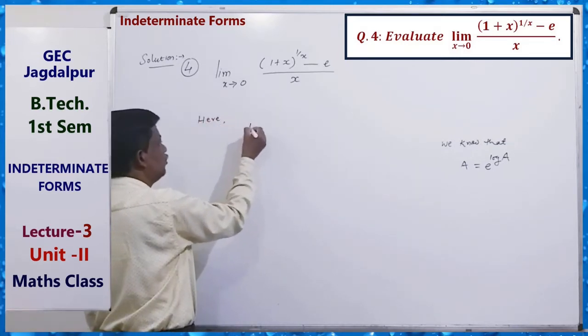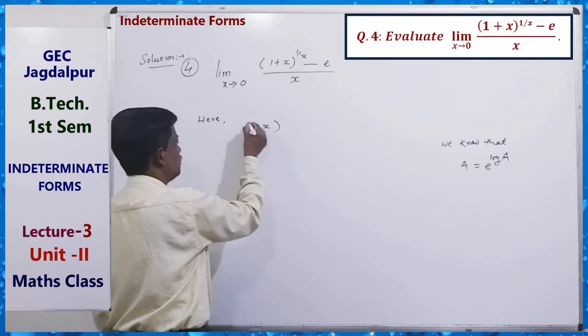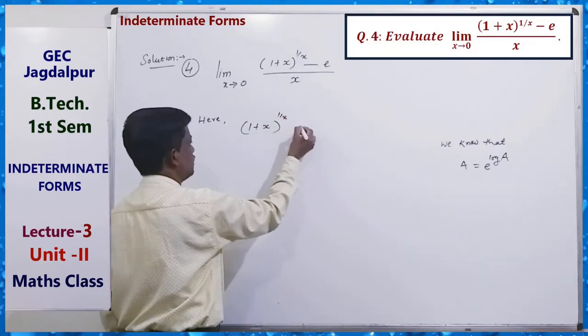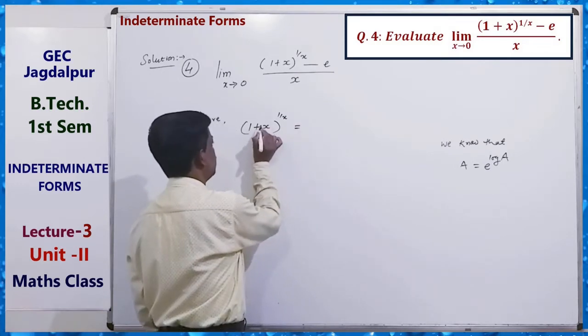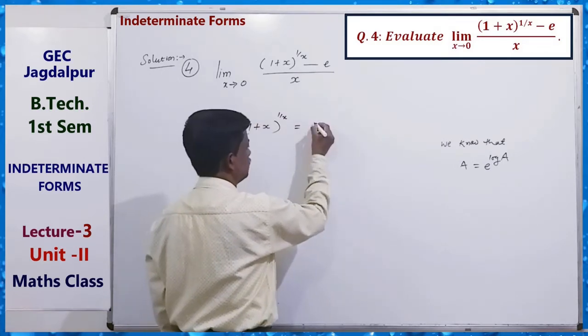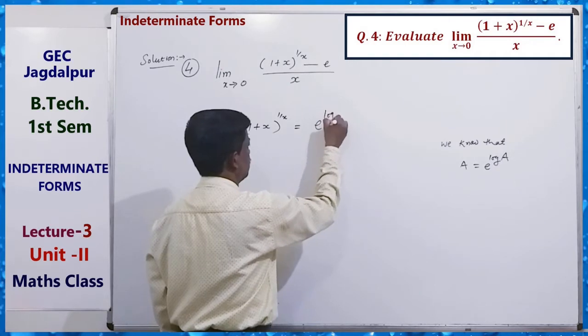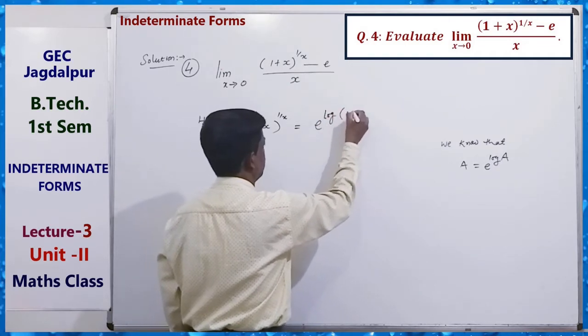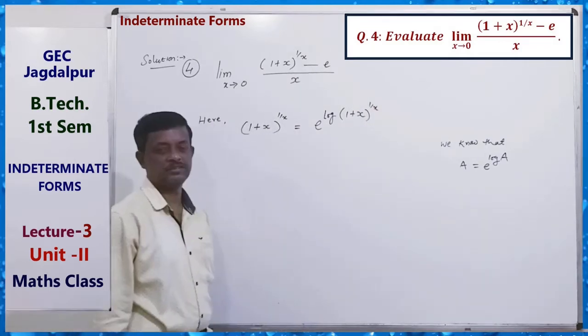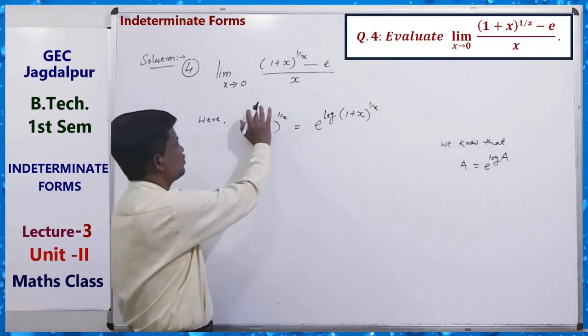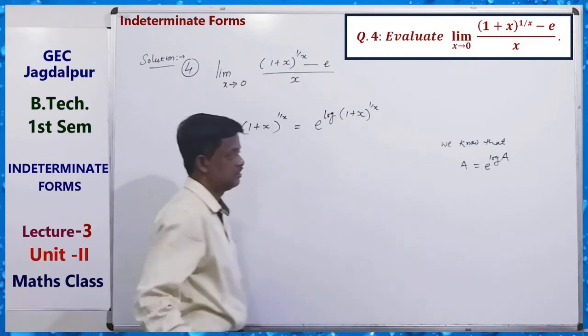Here (1 plus x) to the power 1 by x can be written as e to the power log of (1 plus x) to the power 1 by x, because something equals e to the power log of something.